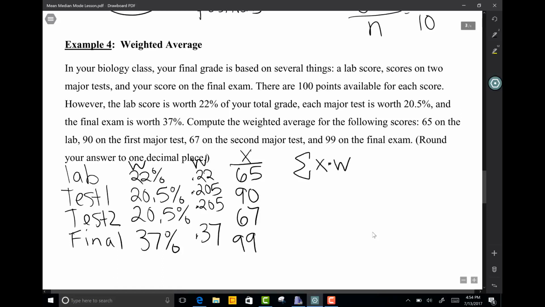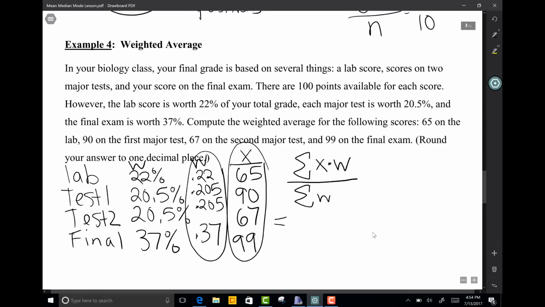Now our formula for weighted average says I take each of those data values and multiply it by its weight, and then this tells me to add it all up. Then I divide that answer by the sum of all my weights. So I'm going to take each data value, these are my scores, and multiply them by their corresponding weights, and then add them all up.